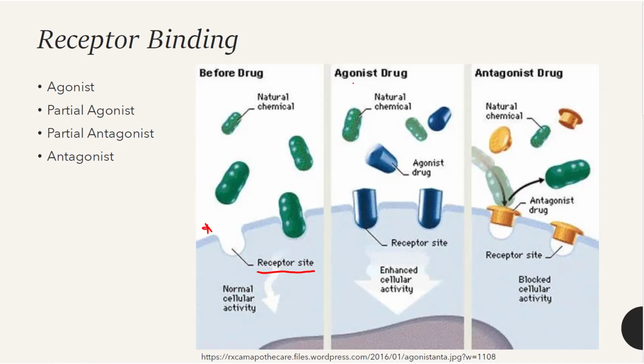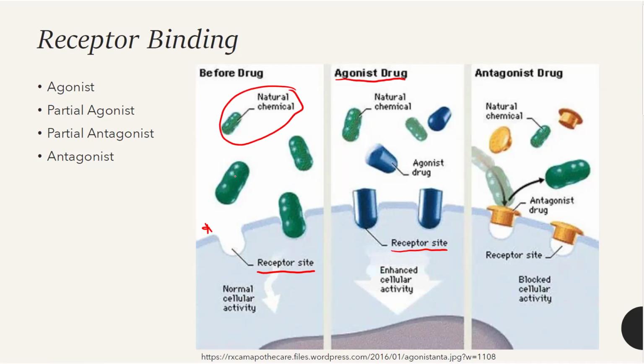If you design a drug that is an agonist, that agonist is going to be able to bind in the receptor site, and it's almost going to stimulate like the natural chemical, the natural ligand. The difference is that it's basically staying there.